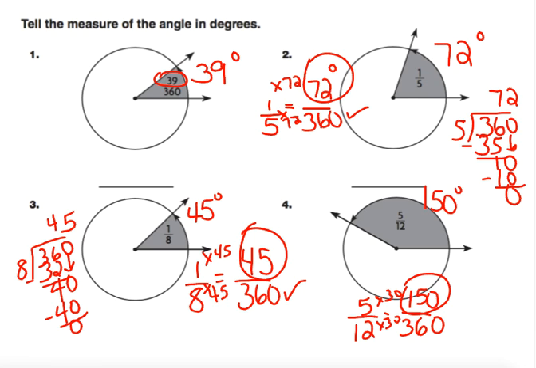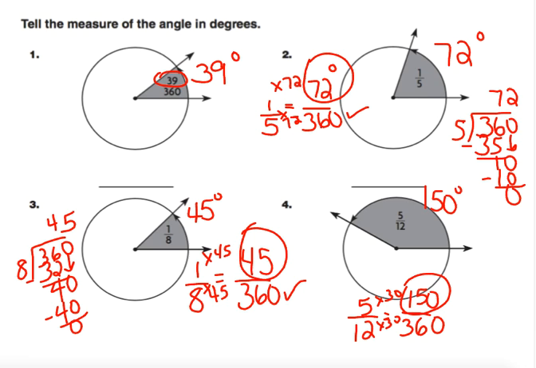So 5/12. And so then after doing all that, I could fall back on my knowledge about identifying and classifying angles as acute, obtuse, right, and straight. So if I look at number 1, 39 degrees, it's acute. Number 2, 72 degrees is acute. 45 degrees is acute.